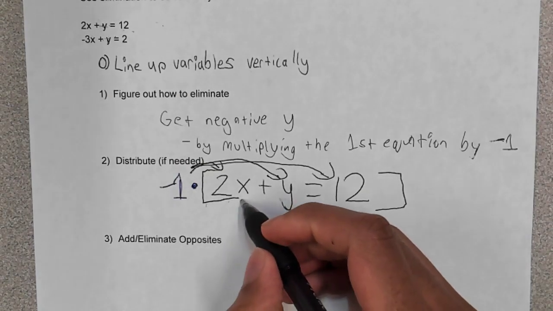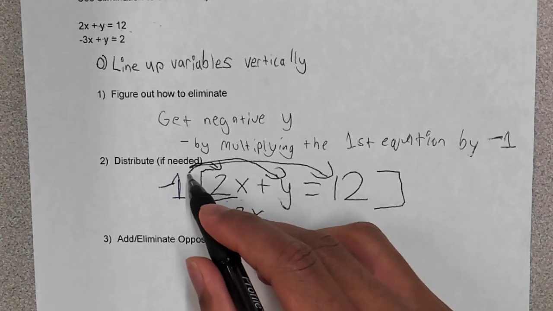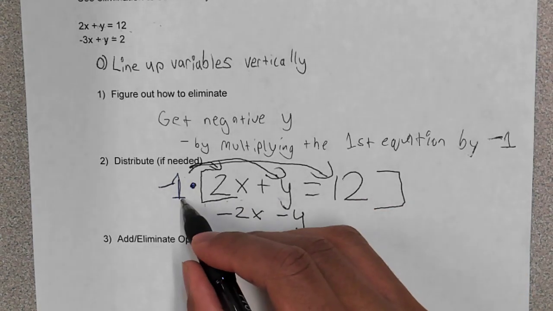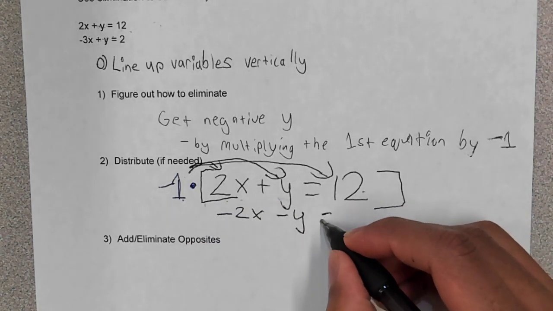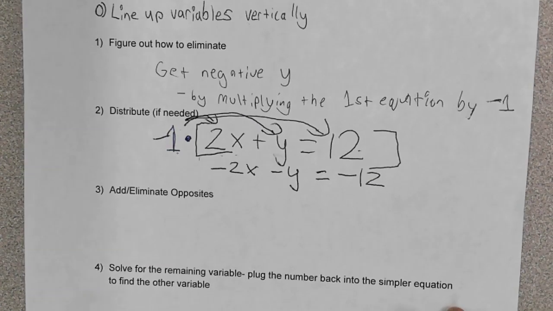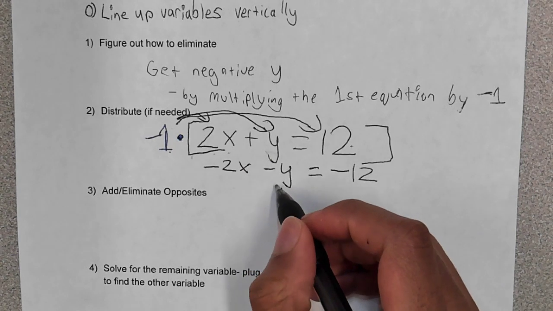Negative 1 times 2x is negative 2x. Negative 1 times y is negative y. Negative 1 times 12 equals negative 12. So now we've gotten what we want from step number 2.